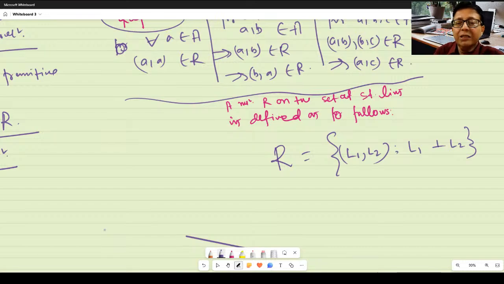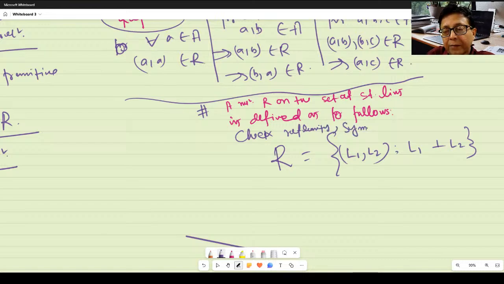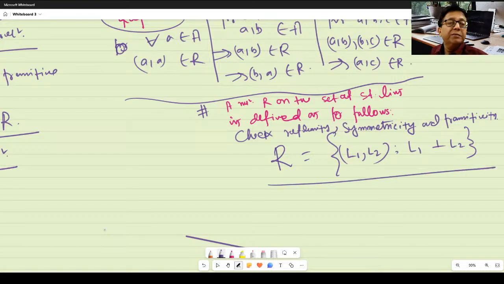Check whether the relation is reflexive, symmetric or transitive. Take reflexivity, symmetricity and transitivity for this.